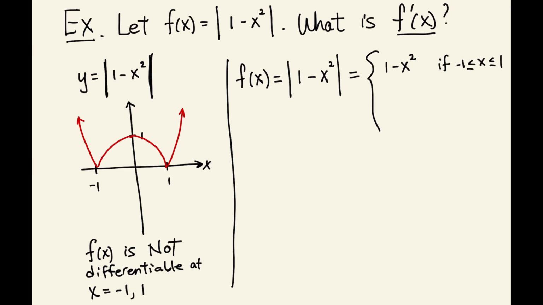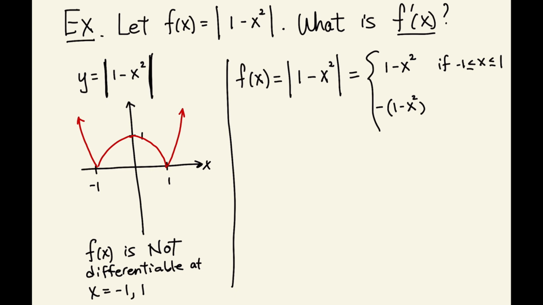Now, if this quantity here is negative, then the absolute value is going to give us the opposite of that quantity. So -(1 minus x squared). And where does that happen, that this quantity is negative?